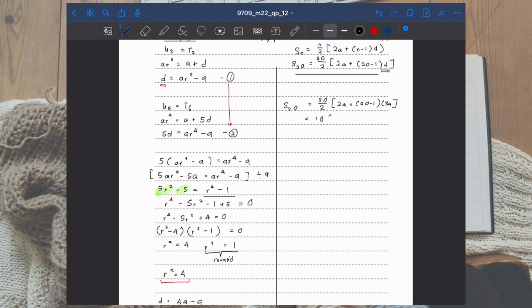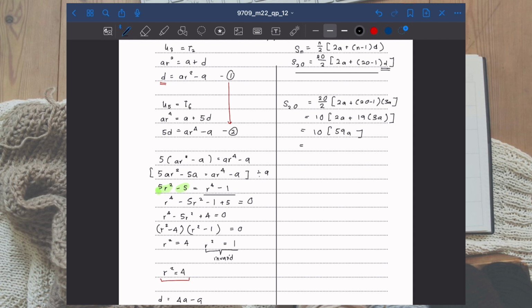So 10 times 2a plus 19 times 3a. So 19 times 3a is 57a, plus 2a is 59a. So the sum of our first 20 terms in terms of a will be 590a.